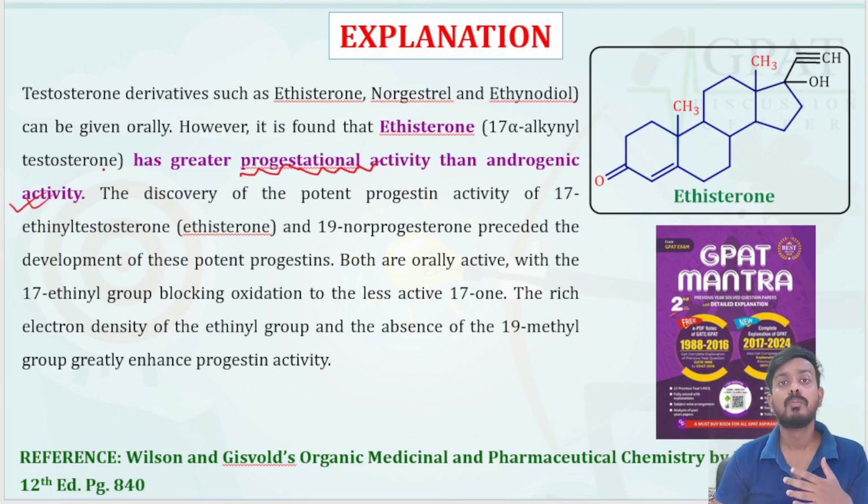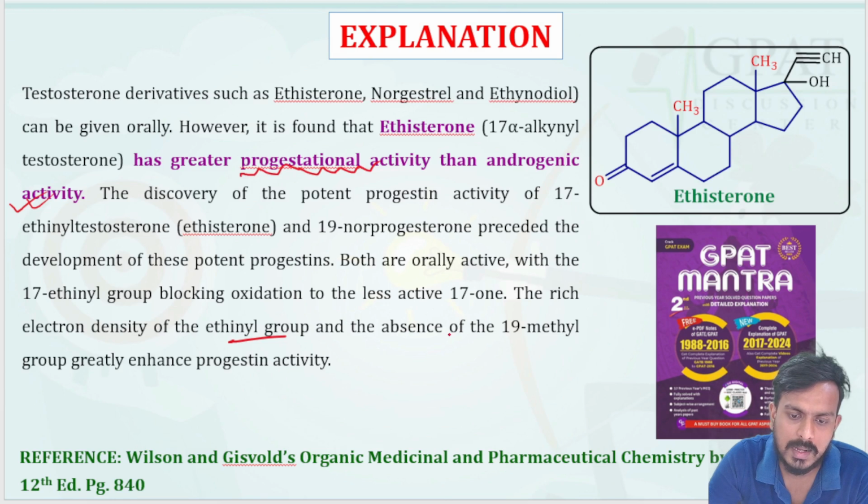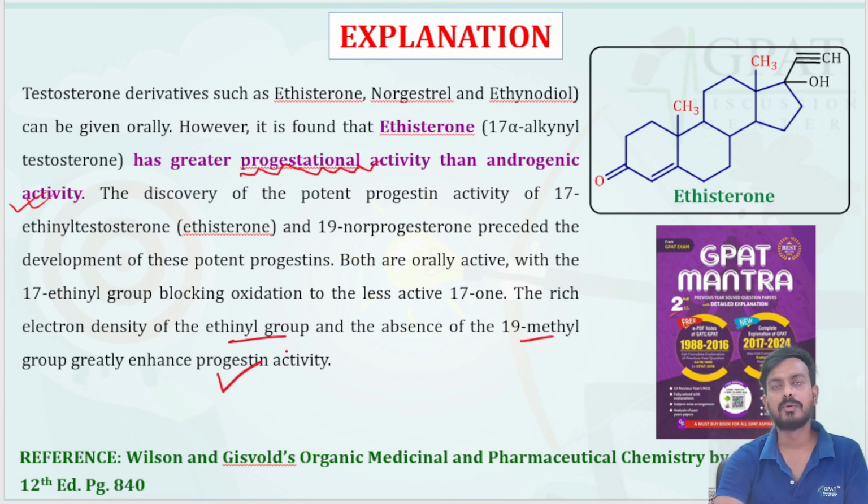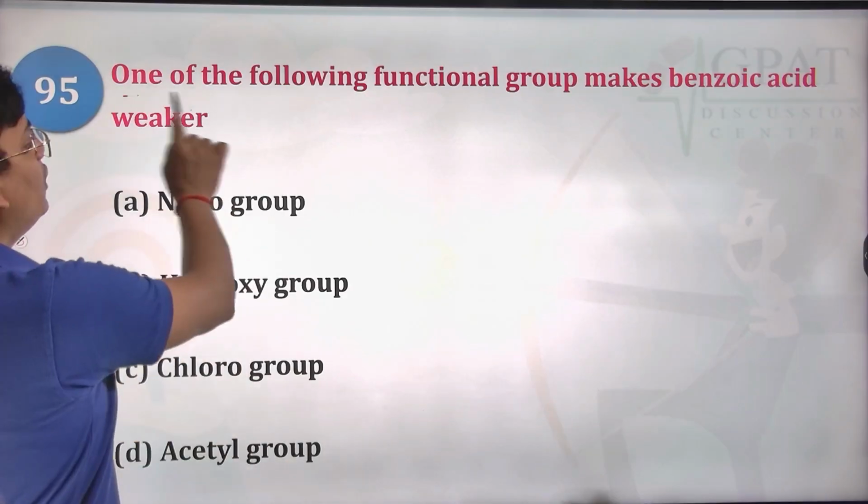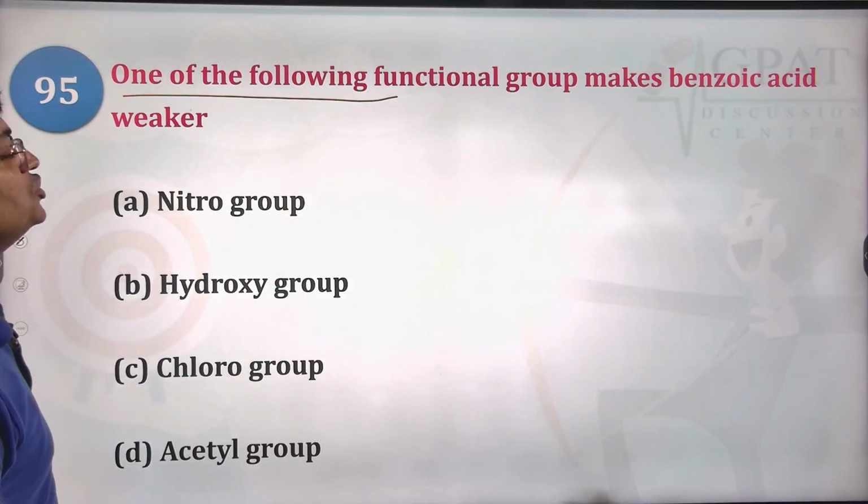The discovery of the potent progestin activity of 17-ethynyl testosterone, and of 19-norprogesterone, proceeded with the development of these potent progestins. The ethynyl group, rich in electron density, and the absence of the 19-methyl group greatly enhance the progestin activity.